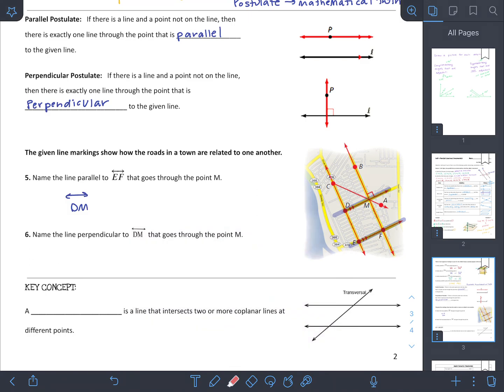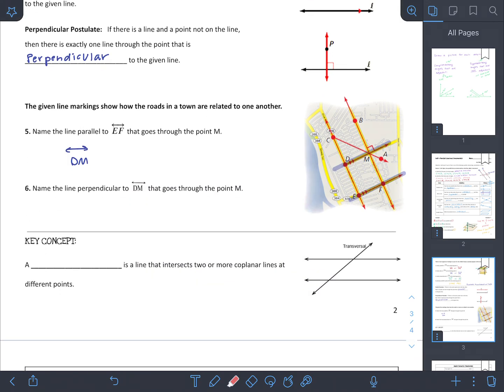Then the next question says, name the line perpendicular to DM that goes through point M. So we need a line that is perpendicular to this that goes through point M. Now there's only one line like this, but we have different names for it just because of how this is situated on the graph.